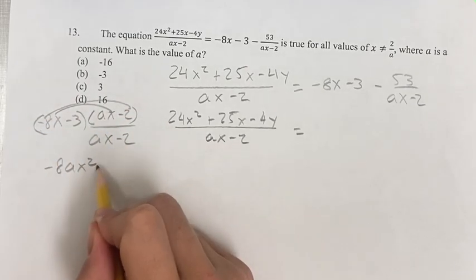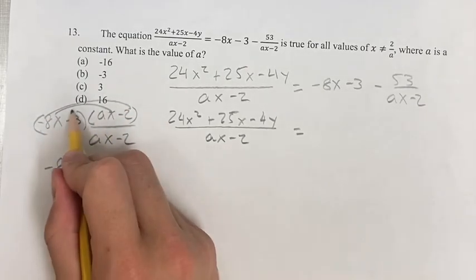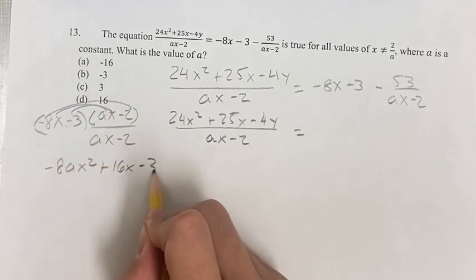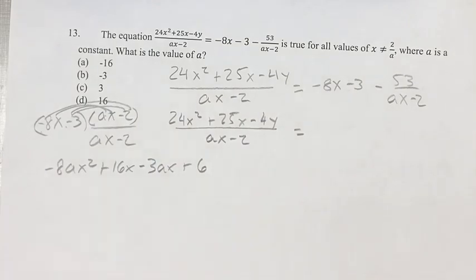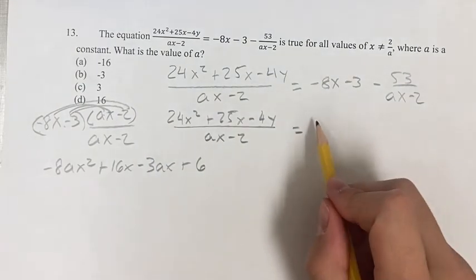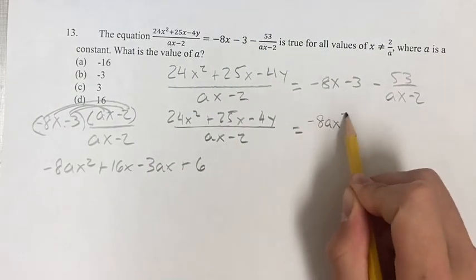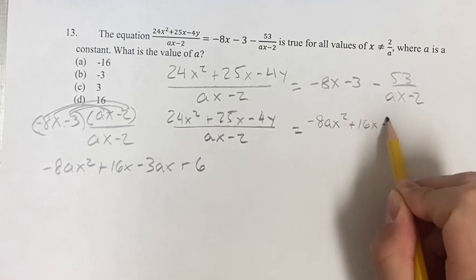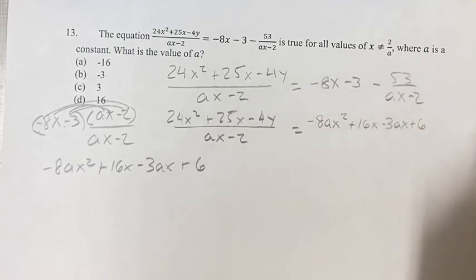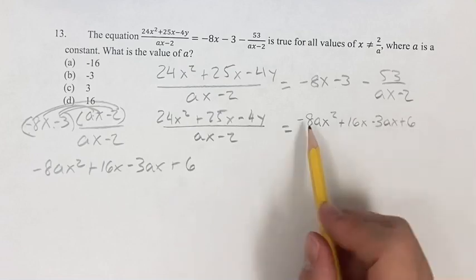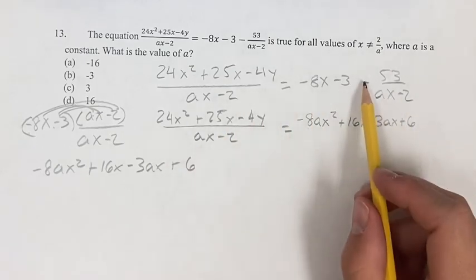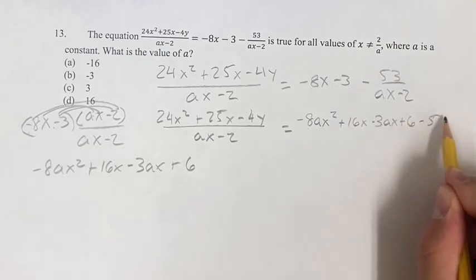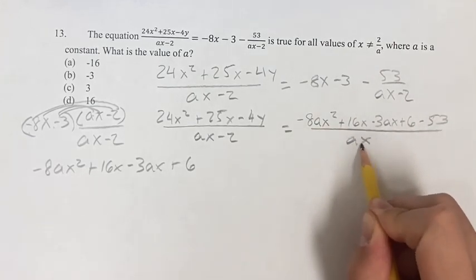Negative 8 times negative 2 is plus 16x, minus 3ax, minus 3 times minus 2 is plus 6. So this is going to be negative 8ax squared plus 16x minus 3ax plus 6, and then this is over ax minus 2, and then we can do minus 53 over ax minus 2.